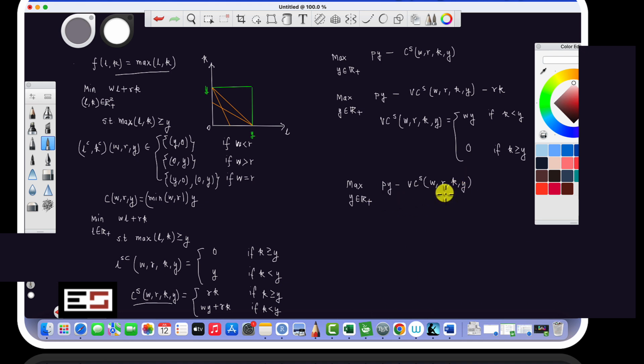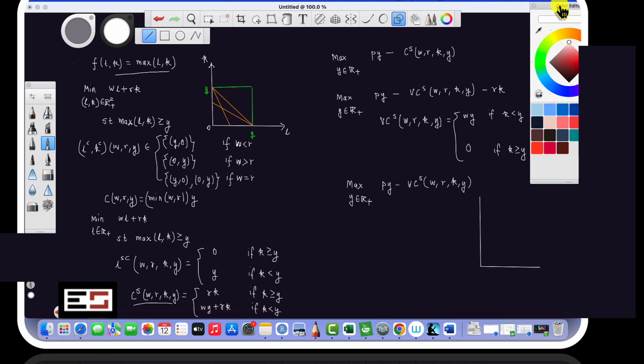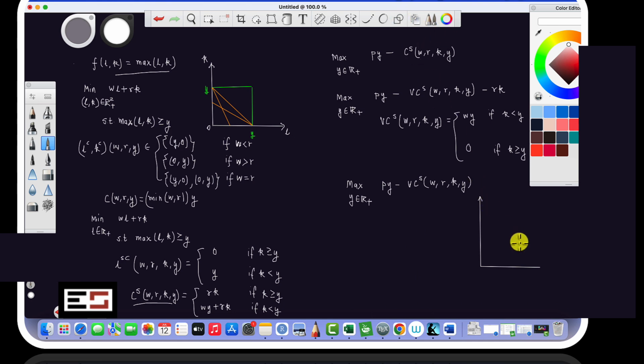This is actually a simple problem. If you just plot the revenue and the variable cost, you'll easily get the solution, though there will be cases.